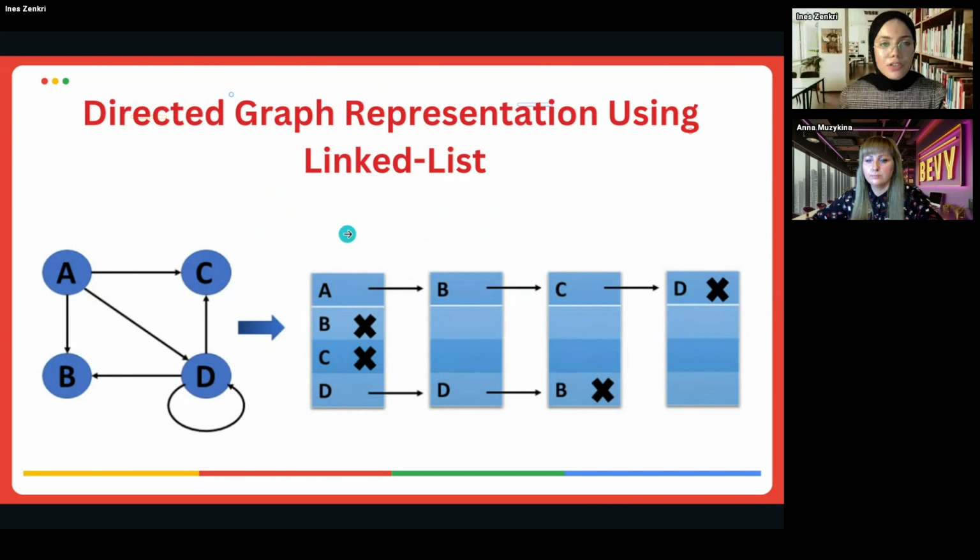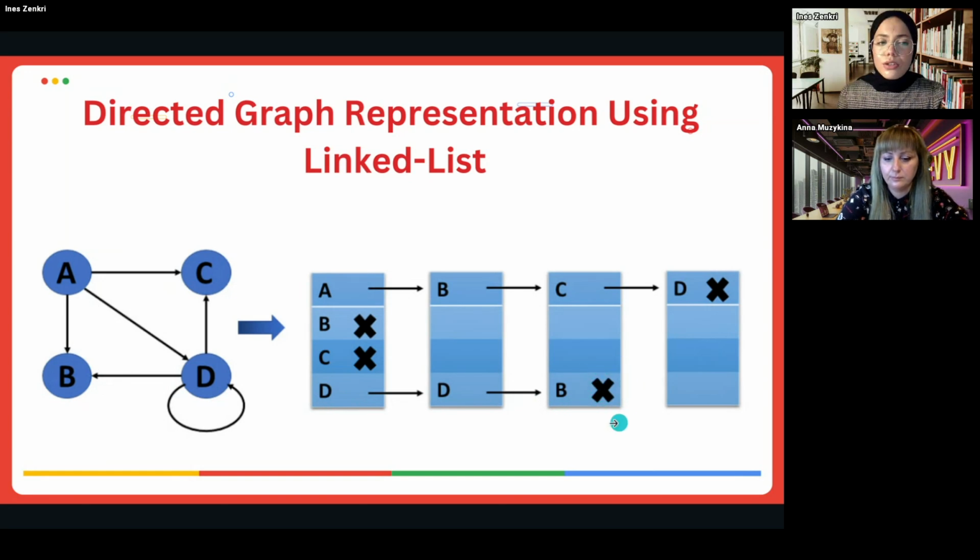For example, this is a multi-directed graph, and in order to say that there exists an edge between A and C, we just write down that A leads somewhere to C. Also, for example, if there exists an edge between D and B, we just link it and say that it will lead us to a B, and B is denoted as this X, which means it's a null pointer.